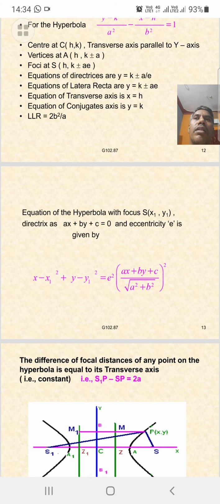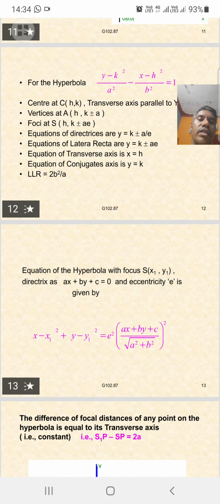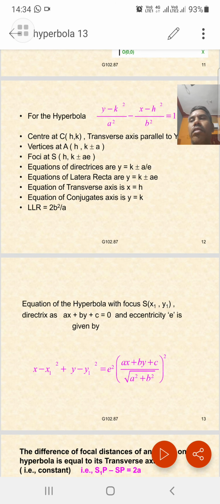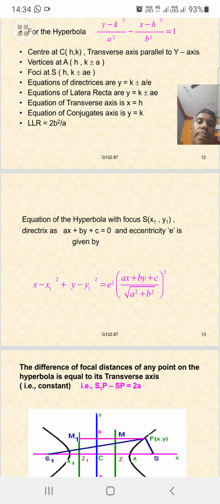The same way, greater than 1 also has so many numbers, like 1.1, 2, 3, 4. That's why we have to write e for ellipse and hyperbola. For a parabola we need not write its eccentricity e or its value.